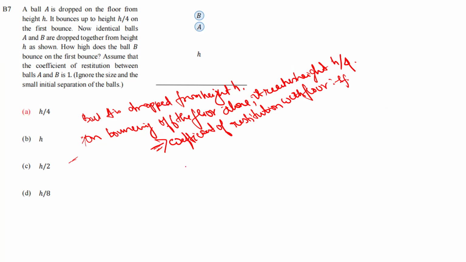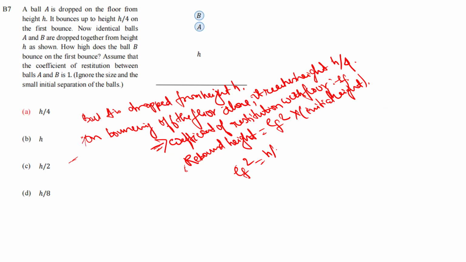So rebound height equals EF square into initial height, or EF square equals h by 4 by h, which gives 1 by 4, or EF equals 1 by 2.